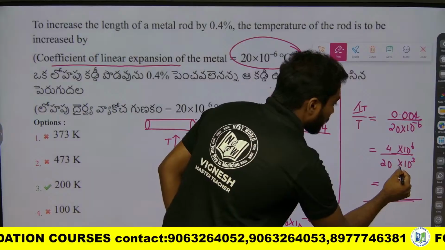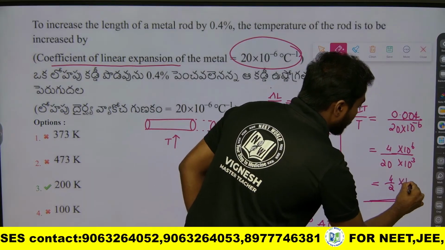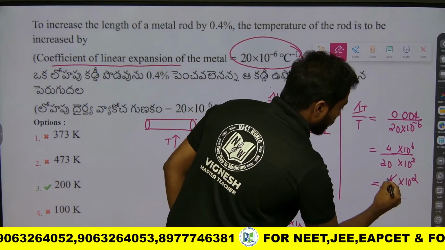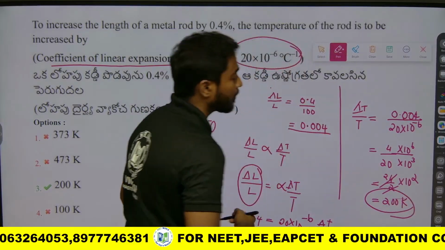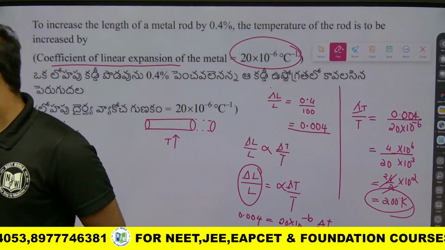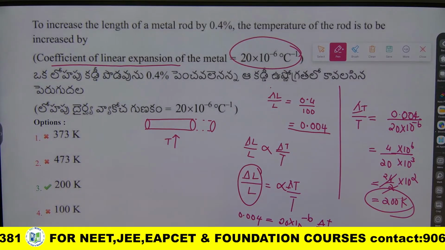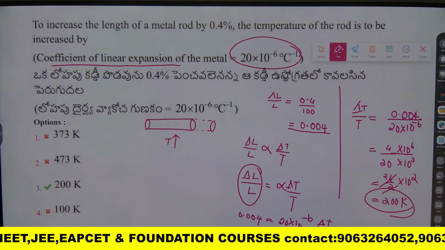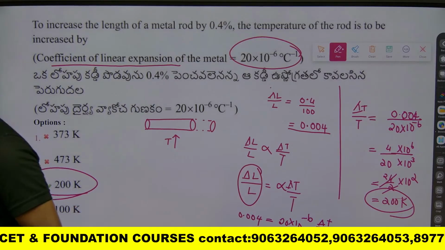So 4 divided by 2 into 10 power 2. 2 cancels. This 2 times 100 is 200 Kelvin, the temperature. This is about the question. Yeah, the answer is 200. You can take it down. We'll go for the next question.